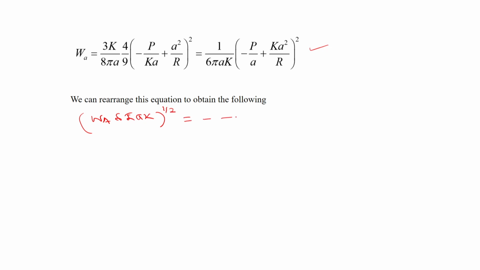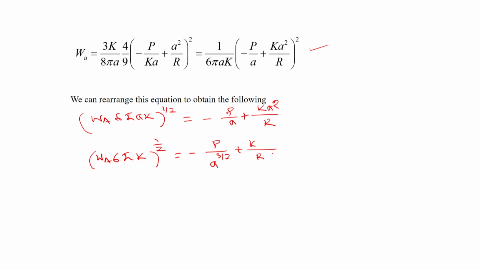So, that will be equal to minus of P by A plus K A square by R, and let us divide by square root of A. So, it will be W A by 6 pi K to the power square root, and minus this is P. So, it will be A to the power square root, I am dividing it.